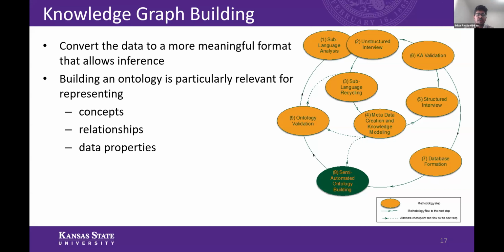So after placing the data, dissected based on the metadata, into the database, we tried to convert our data to the semantic web approach. Building a knowledge graph is particularly relevant for representing complex knowledge involving hierarchies of concepts and many specific relationships among concepts and their data properties.